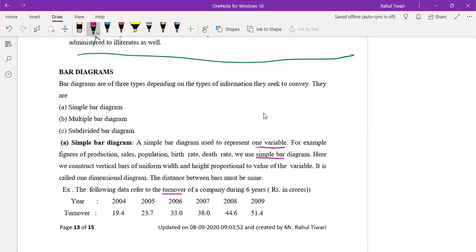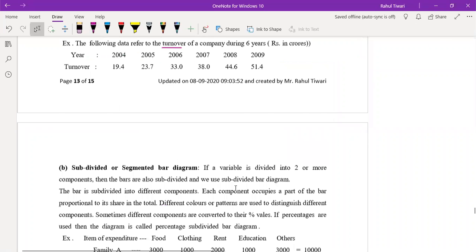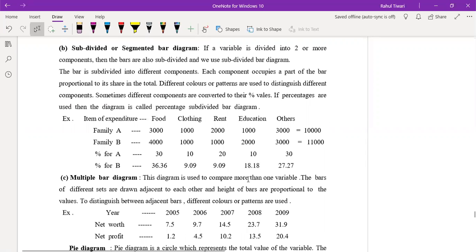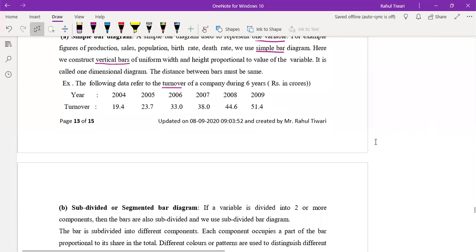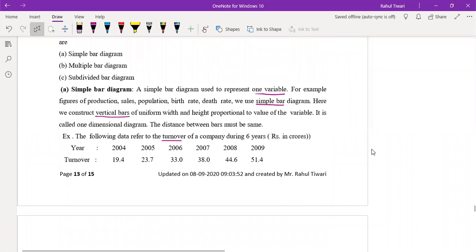Here one can construct vertical bars of uniform width and height proportional to the value of the variable. The diagram is not given here, so we need to understand the concept.